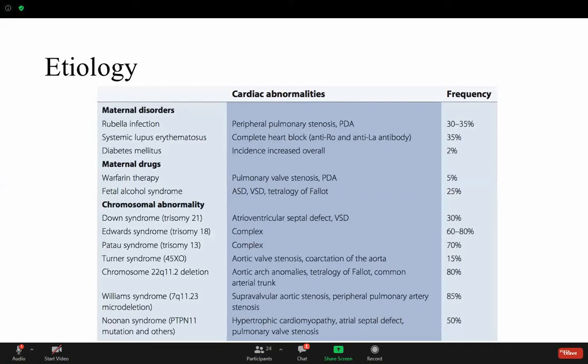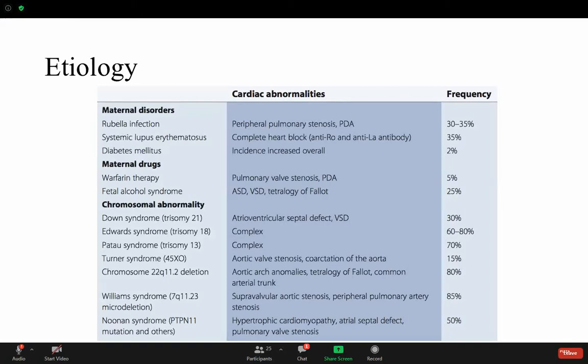Maternal disorders من الأشياء المهمة اللي هو SLE systemic lupus erythematosus. هذا يسبب complete heart block في الchild. diabetes في الmother it increases the incidence overall for all congenital heart diseases. تمام. chromosomal abnormalities we discussed some of them، بس المهم فيهم اللي هم Down syndrome، يصير عندهم atrioventricular septal defect اللي هذا يصير mixing أو VSD. بس ال AVSD اللي هو atrioventricular septal defect is more common.